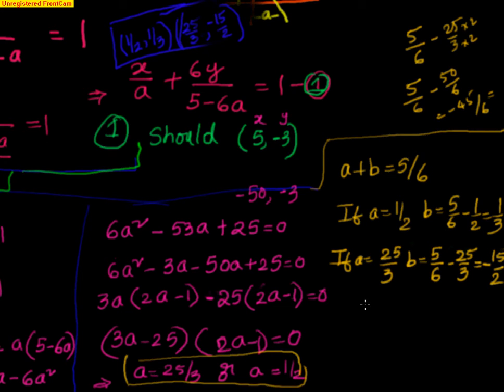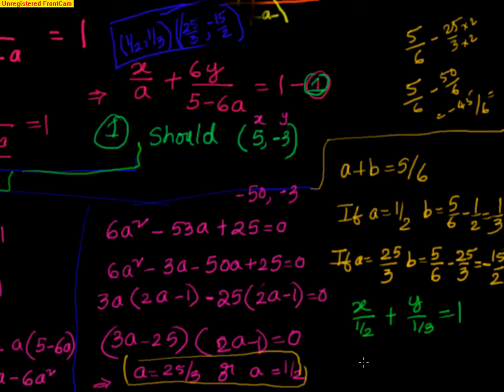Now if you substitute them, what happens? You can see that if I substitute x, if I substitute, what happens? X by 1 by 2 plus y by 1 by 3 is equal to 1, right?